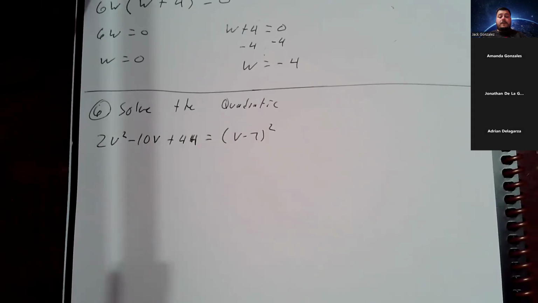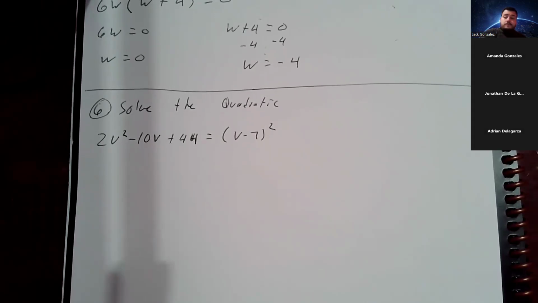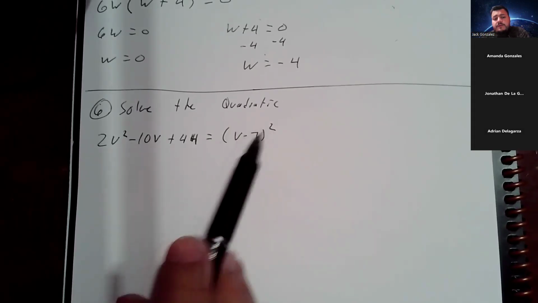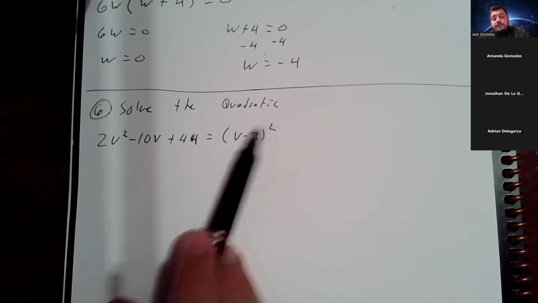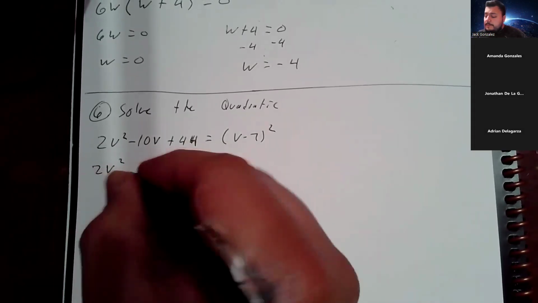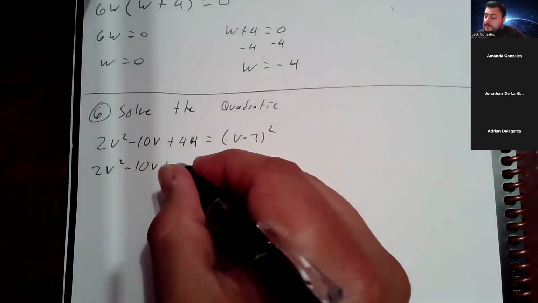All right, so what's the first thing you should always do? Yeah, set it to 0. Now, you can move this entire thing over if you wanted to, or we can square it first and then move all the terms over. It doesn't matter. I feel like it would be easier to square it first, but again, it doesn't matter.